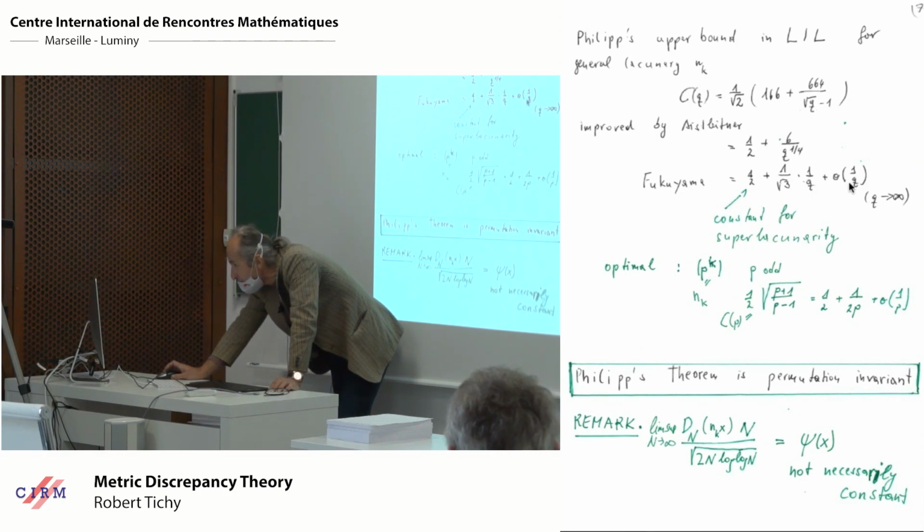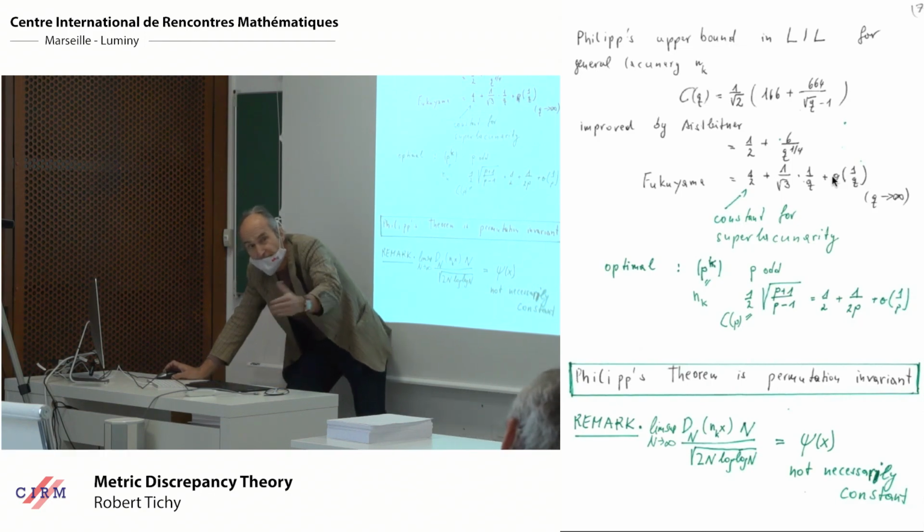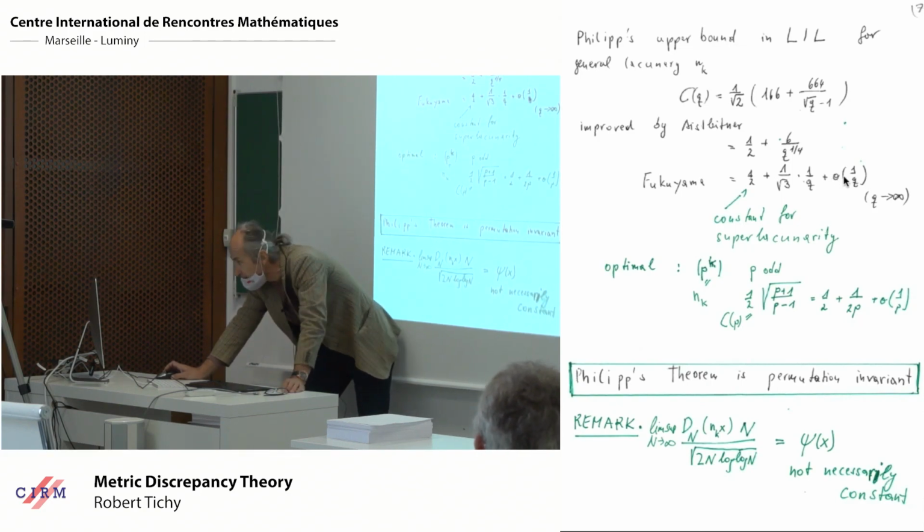It turns out that for big q, have in mind q is the growth rate of the sequence, it is 1/2 plus capital O of 1/q, where the constant of the 1/q can be made explicit, and then there remains an expression which tends to 0 faster than 1/q. But the essence of that is, asymptotically, we get 1/2 for the constant if the growth rate tends to infinity.